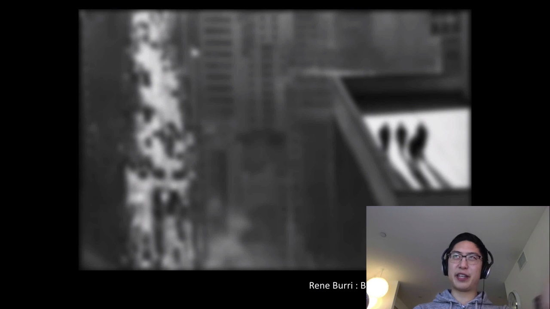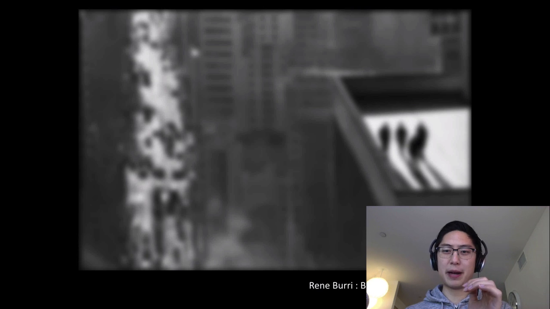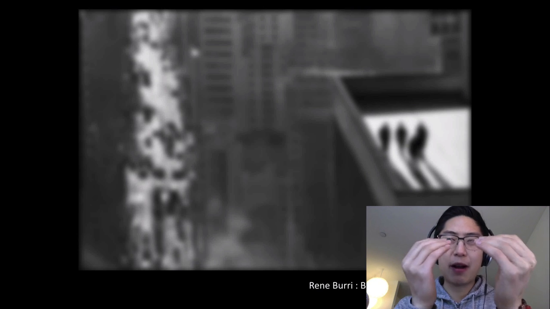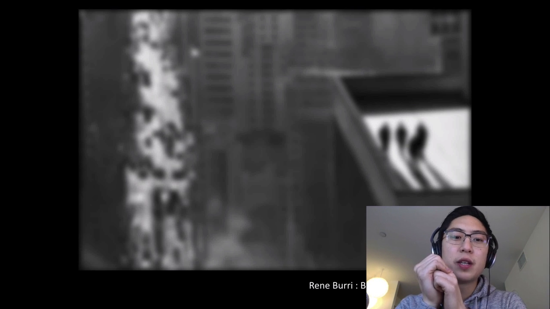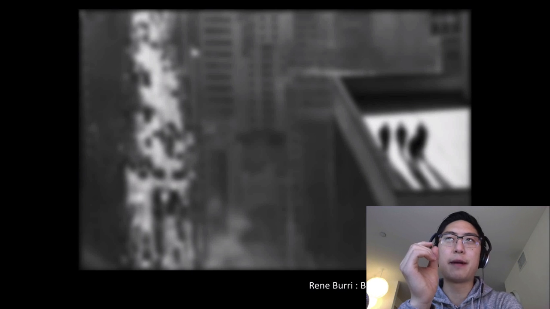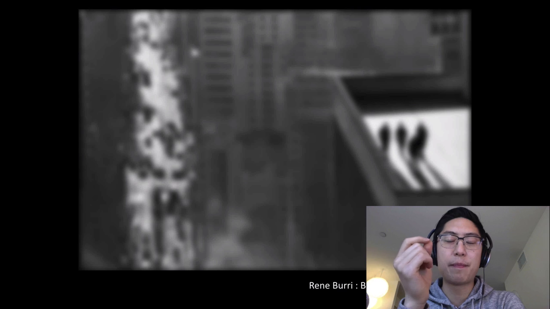Another way you could make your images pop out better is that the areas of the strongest contrast are the areas that our eyes naturally gravitate towards. So you could see the tonal value of the blacks, like how black the blacks are in the silhouettes on the right side of the frame against the white of the background. There's really strong contrast there.